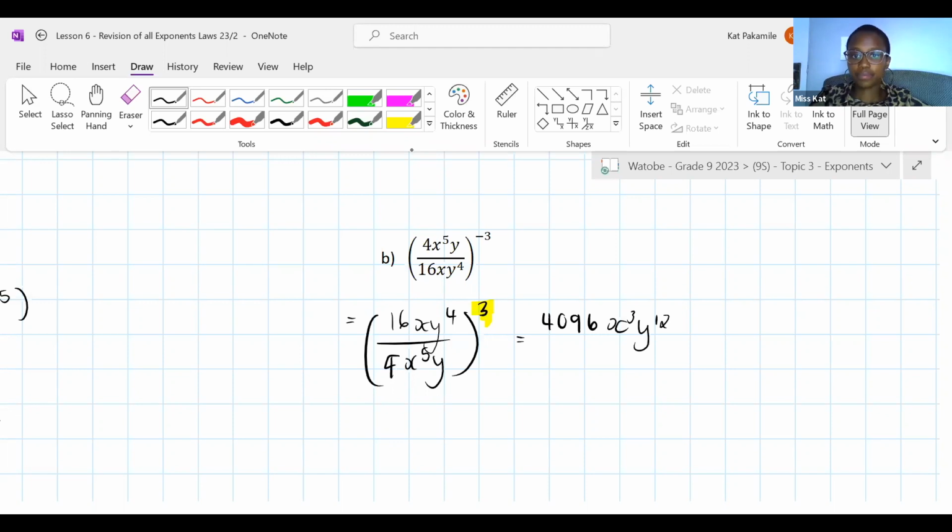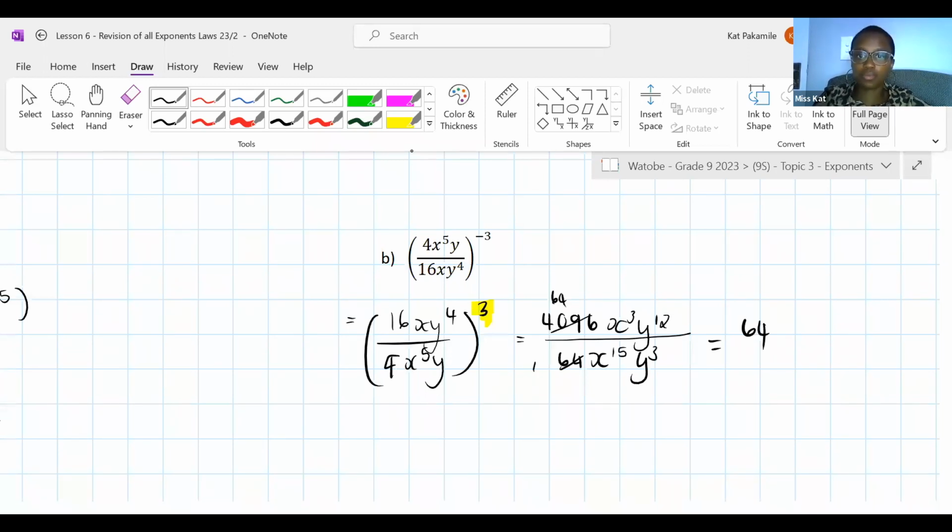Then divided by 4 cubed, which equals 64, and x to the power of 5, so 5 times 3 is 15, and y cubed. Beautiful. Where do we go from here? 4096 divided by 64 gives me an answer of 64.